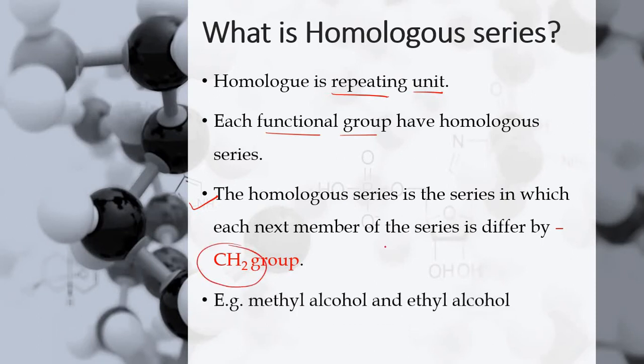If we consider methyl alcohol and ethyl alcohol, both are alcohols, but the difference is only a CH2 group. First is methyl alcohol, then the second member is ethyl alcohol. In this way you can increase the number of CH2 groups and write the next member of the series. This is called a homologous series.